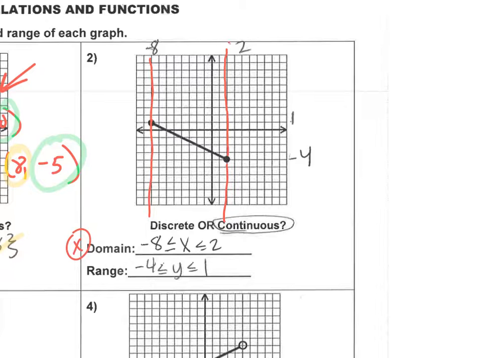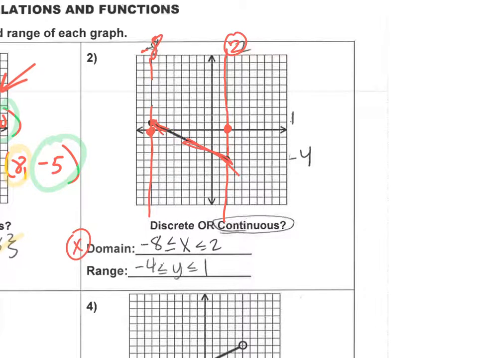And that helps me see that my smallest x value is at -8, and my largest x value is at 2. And I can see that the graph is located between these two lines.